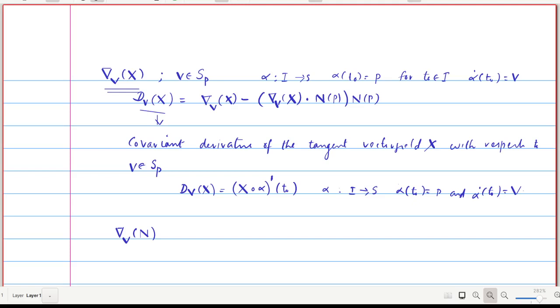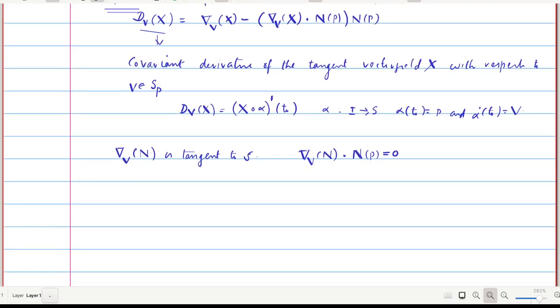That means we will prove that del v n dot n of p equals 0, so that they are orthogonal. This uses the norm of the normal vector field.